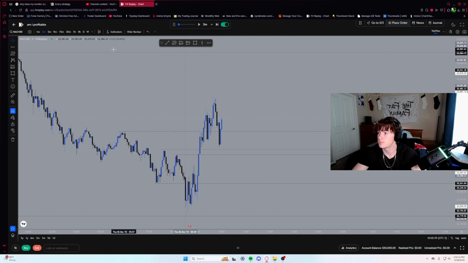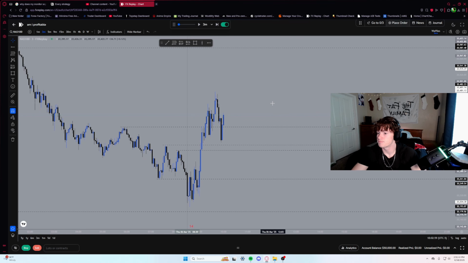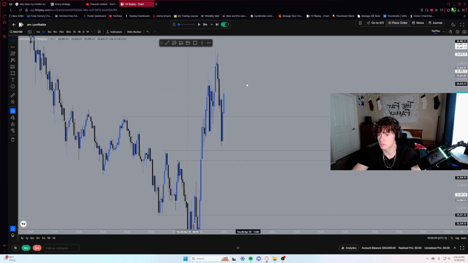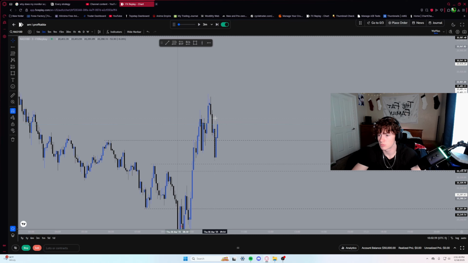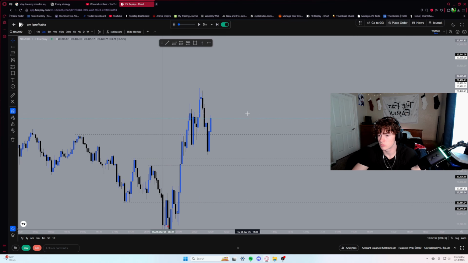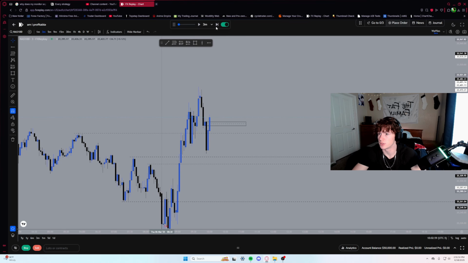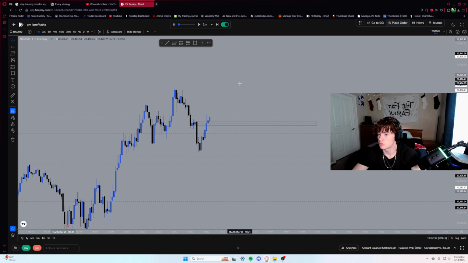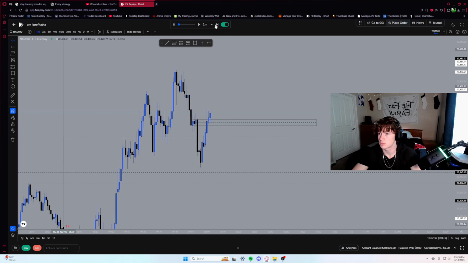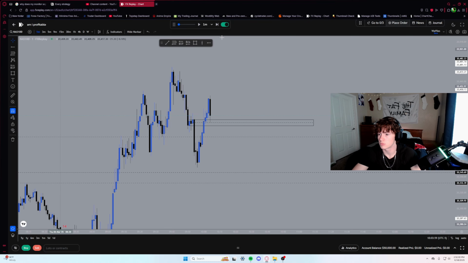Bullish SMT. Let's trade this breaker block inside this fair value gap. I'm longing.